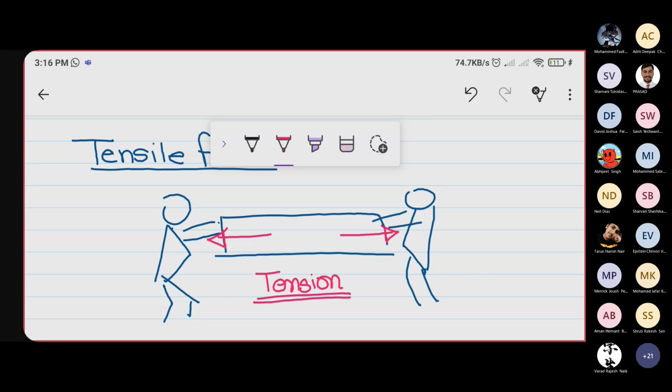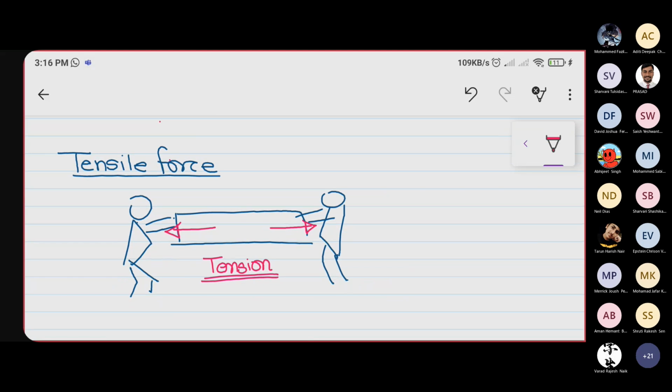That force is called a tensile force, that means a pull. If the body is fixed at another point and you try to pull that body, then we can say it is a tensile force applied on that body.